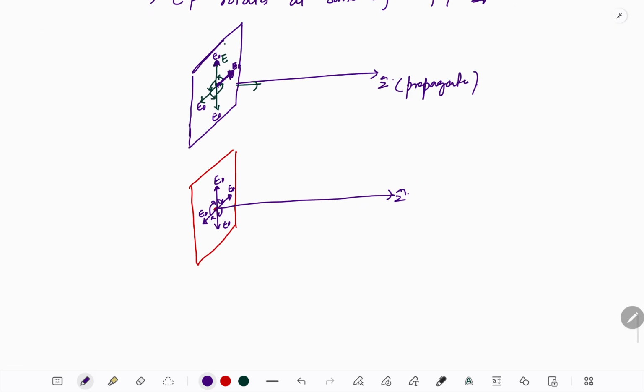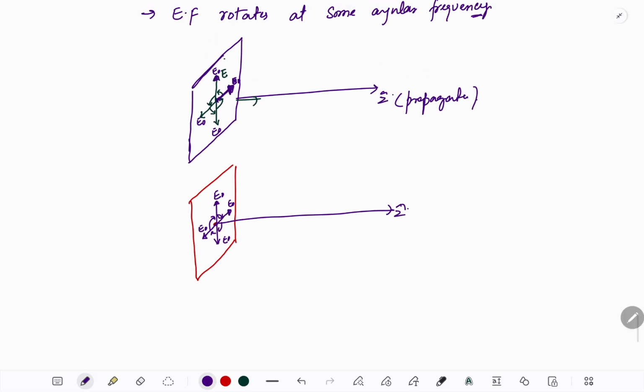So that means if you sit on the z-axis and watch a single value of z, and you want to see how the electric field traces its path, it traces a circular path. You feel like it has covered a circle. And it is not always that it traces in 90 degrees.